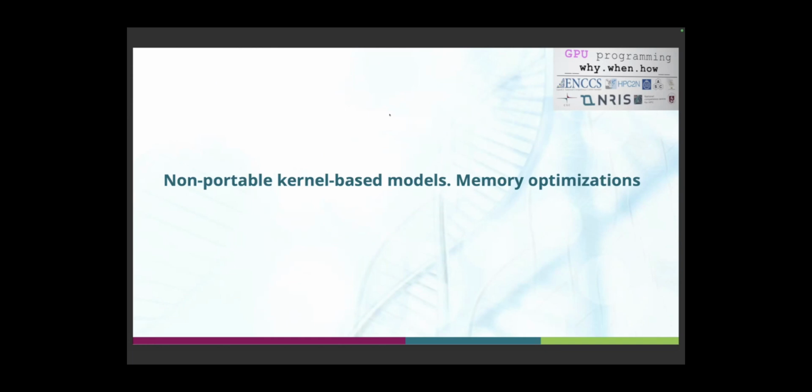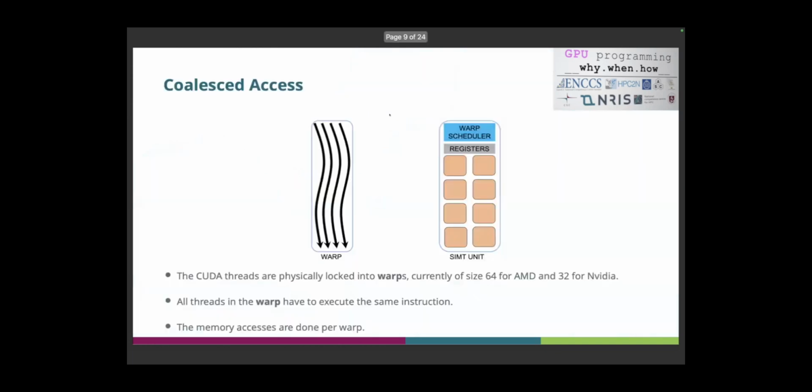The other is how, in the kernel, you can access the data in a way that achieves maximum performance. So the first part is related to this: how do we access memory in a kernel? And we have to go back to the hardware and to the way threads are running on the GPU.